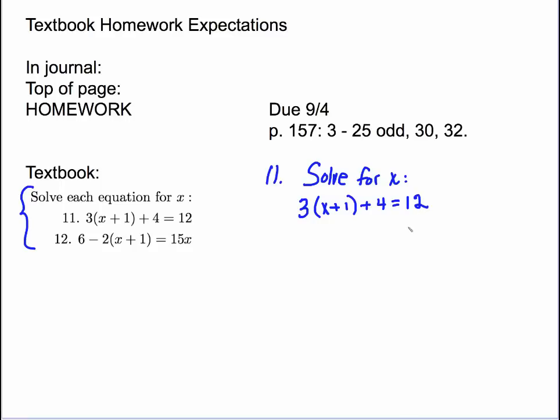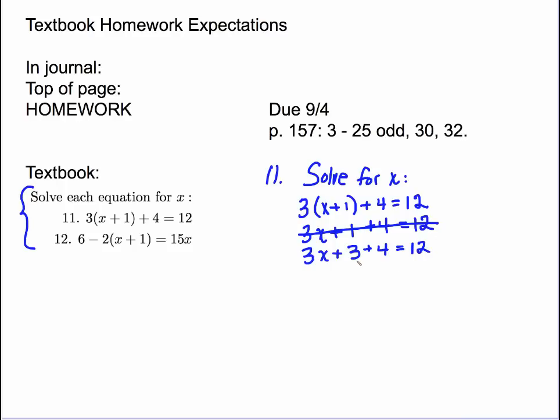Okay, now I'm going to go ahead and solve the problem, and here's what you need to do. So first, you're going to write 3(x + 1) + 4 = 12. Then I just noticed that I made a mistake. Now if you want, you can just put a line through that and rewrite it correctly. So this would be 3x + 3 + 4 = 12.